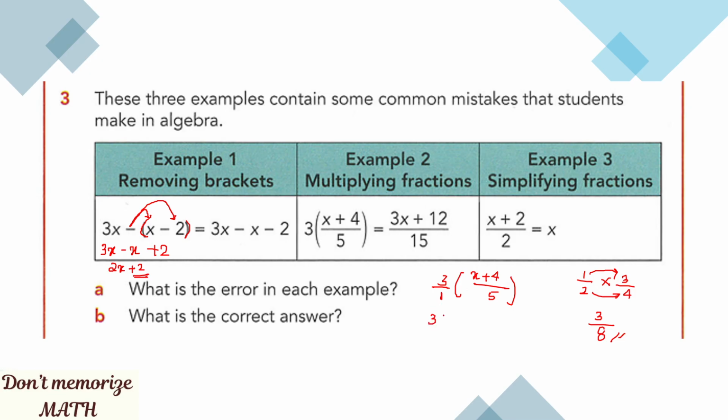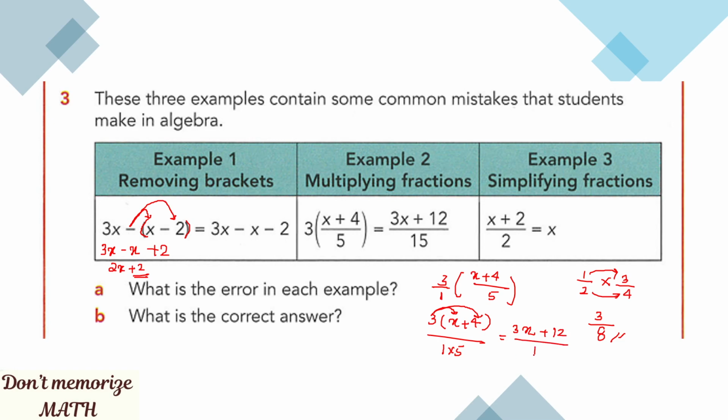So we'll get 3 times x plus 4 over 1 times 5. As we did in the previous question, the number is outside the bracket with no sign, so that means it is multiplication. So 3 times x is 3x, 3 times 4 is 12, so 3x plus 12 over 1 times 5, which is 5.